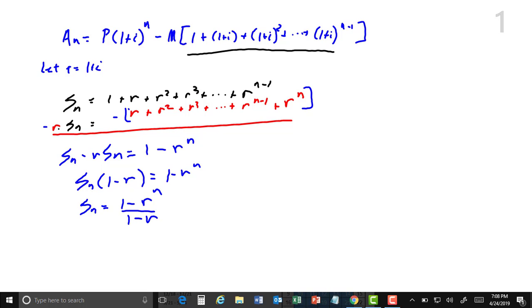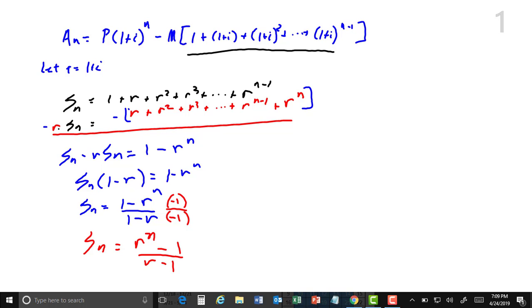Now, you can actually turn this around by multiplying by minus 1 divided by minus 1 down here, so that just rewrites this form as S n is equal to r to the n minus 1 divided by r minus 1, you see?